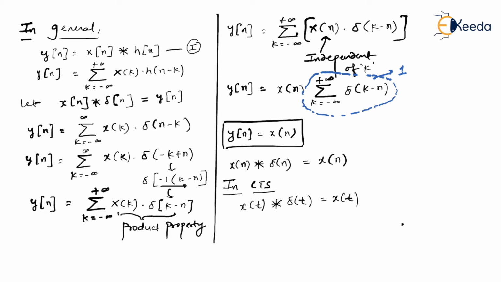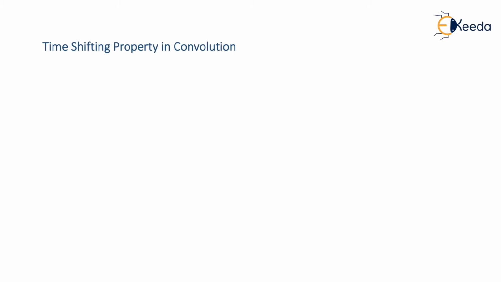So as you can see, whether it is in case of discrete time signal or continuous time signal, when input gets convolved with an impulse, then input remains same. Is that right? So when x of n gets convolved with del of n, output is x of n. X of t when gets convolved with del of t, output is x of t in case of continuous time signal. Now let's see the time shifting property in convolution.